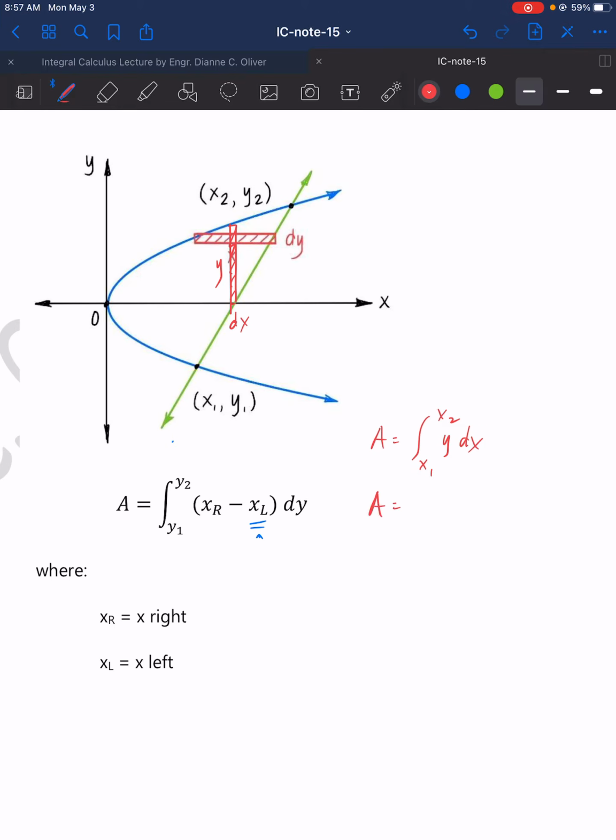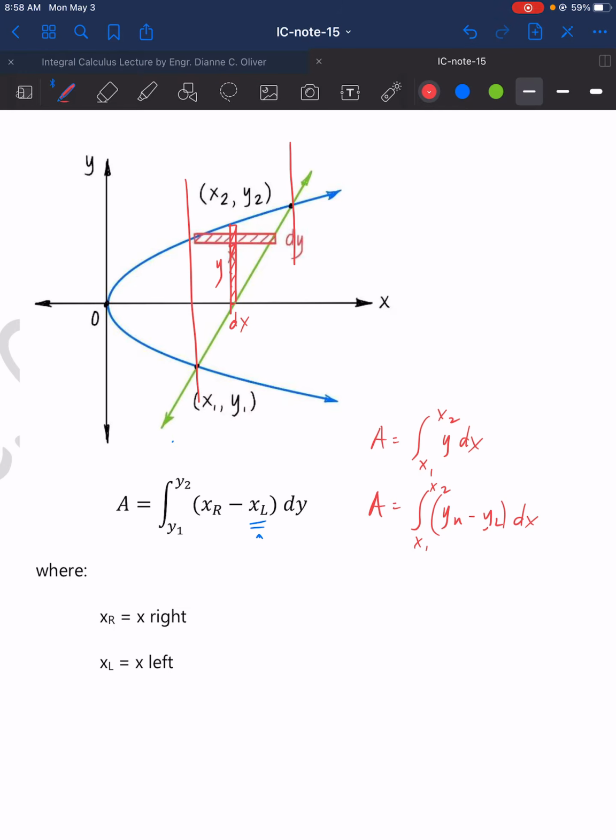So area is equal to integral of y upper minus y lower dx, x1 to x2. We are not going to use the vertical area strip because of the limits. Why? Because the limits are x1 to x2.